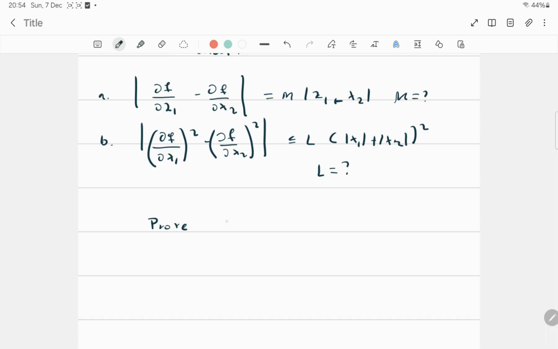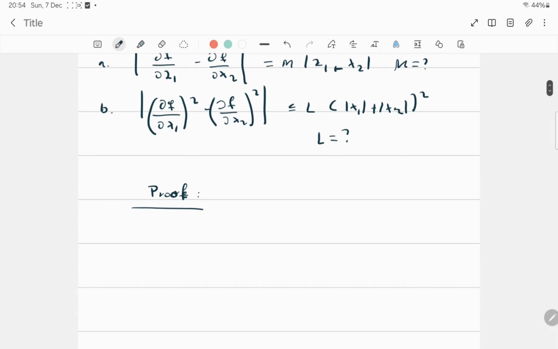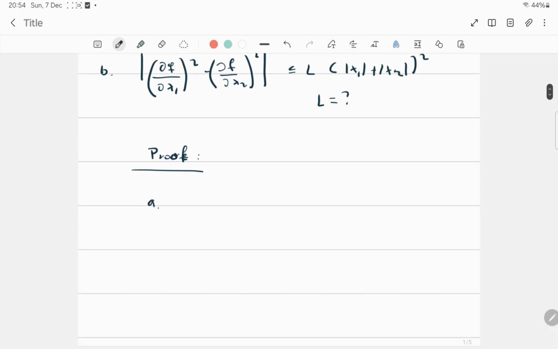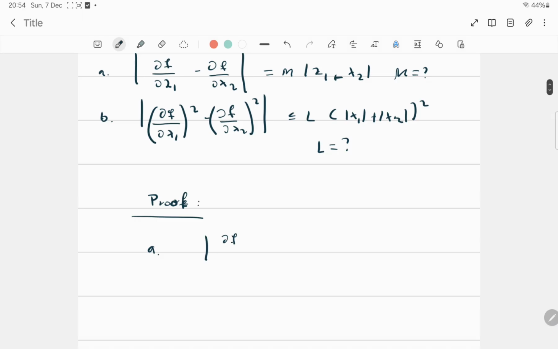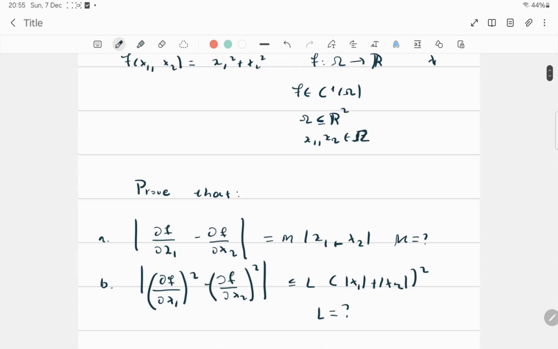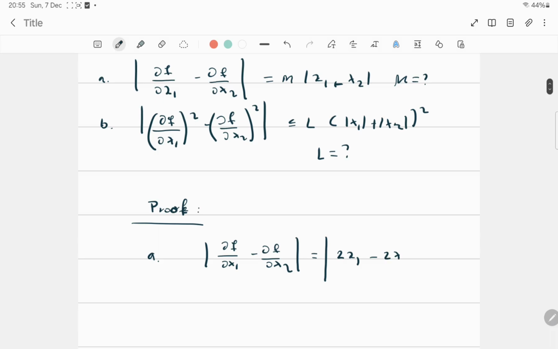Let's prove number 1. Let's prove A. We have the partial derivative with respect to x1 minus the partial derivative with respect to x2. The partial derivative with respect to x1 is 2x1, minus the partial derivative with respect to x2, which is 2x2.